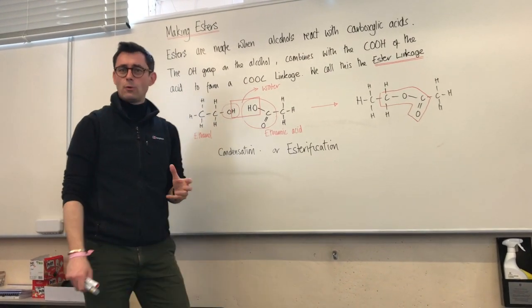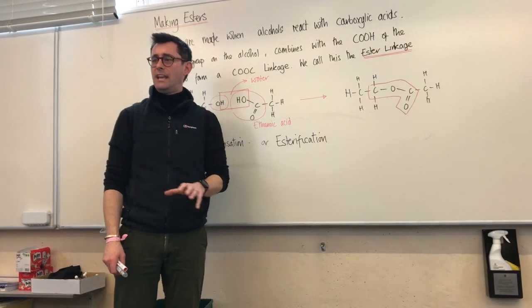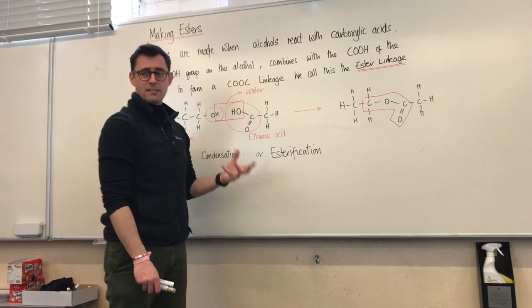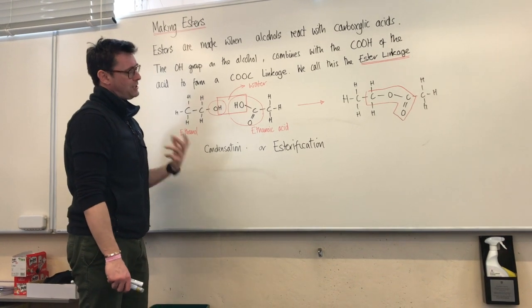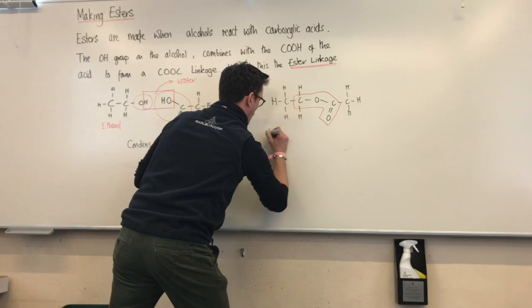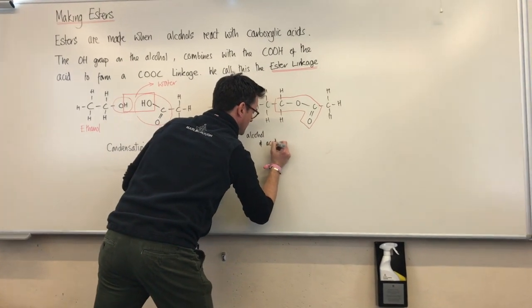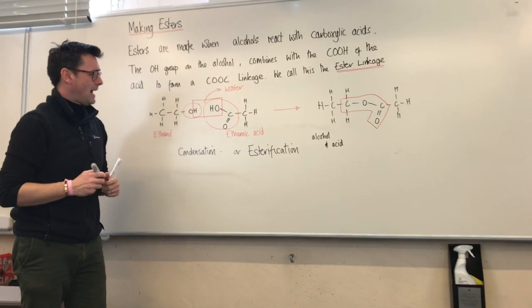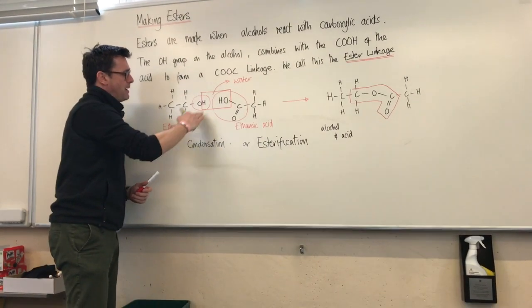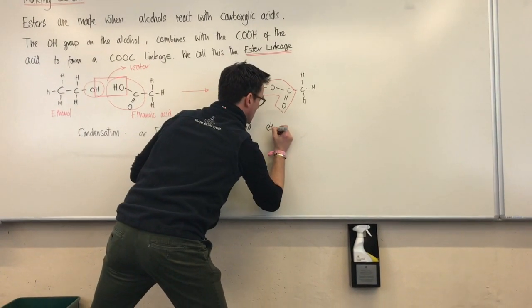Now the final thing that I want to discuss is a little bit about the names that we would give to these substances. And what we do is we name them dependent on the alcohol and the acid that we use. And how we do that is we recognize that this is made from ethanol, so we call it ethyl.